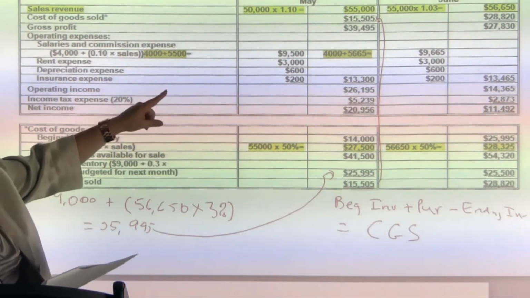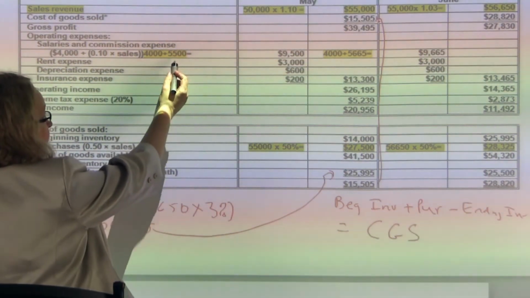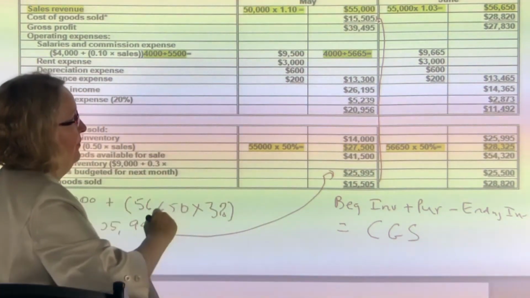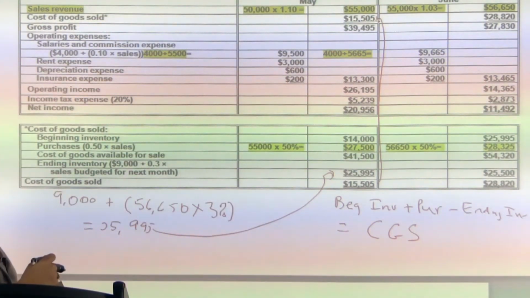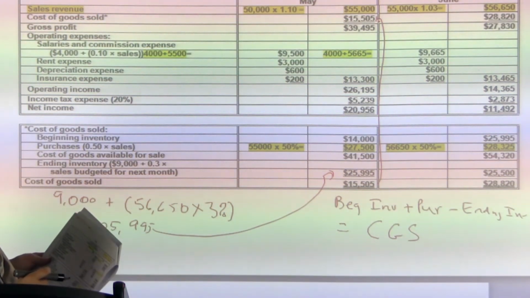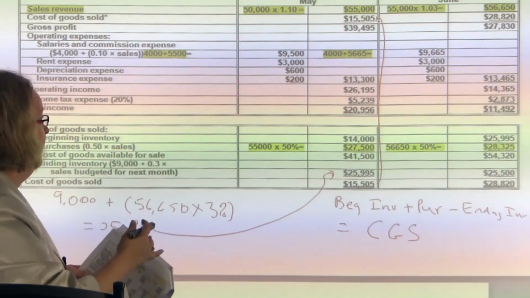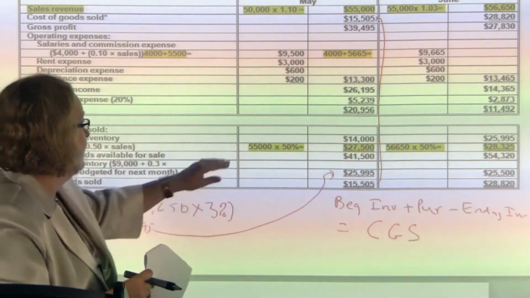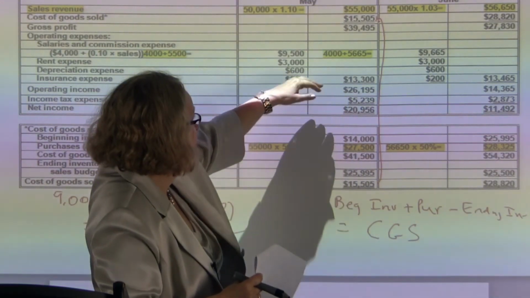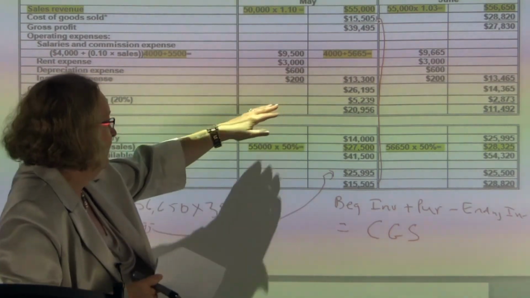Your sales is 55,000 times 10%, which is 5,500. 4,000 plus 5,500 equals 9,500. So that's where that one came from. Rent expense, you're given that, and you're given depreciation and insurance. So no calculations are required there, you just take the information and put it in. Adding up all those, it comes to $13,300. So you're subtracting that from your gross profit to come up with operating income.